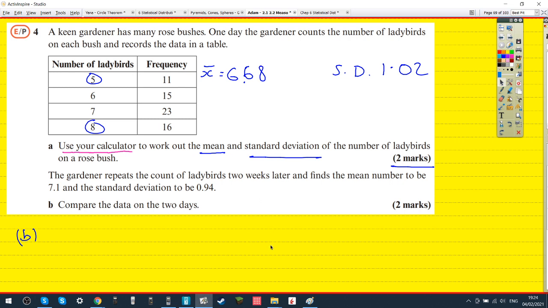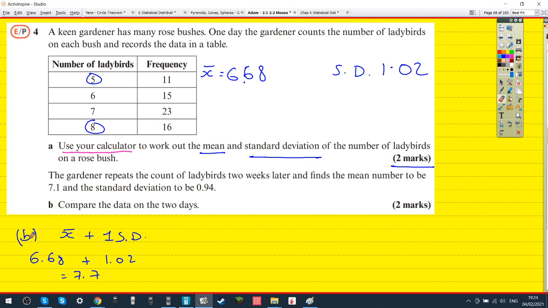What is 1 standard deviation more than the mean? What is the mean plus 1 standard deviation? The mean is 6.68, plus 1.02, so 7.7.